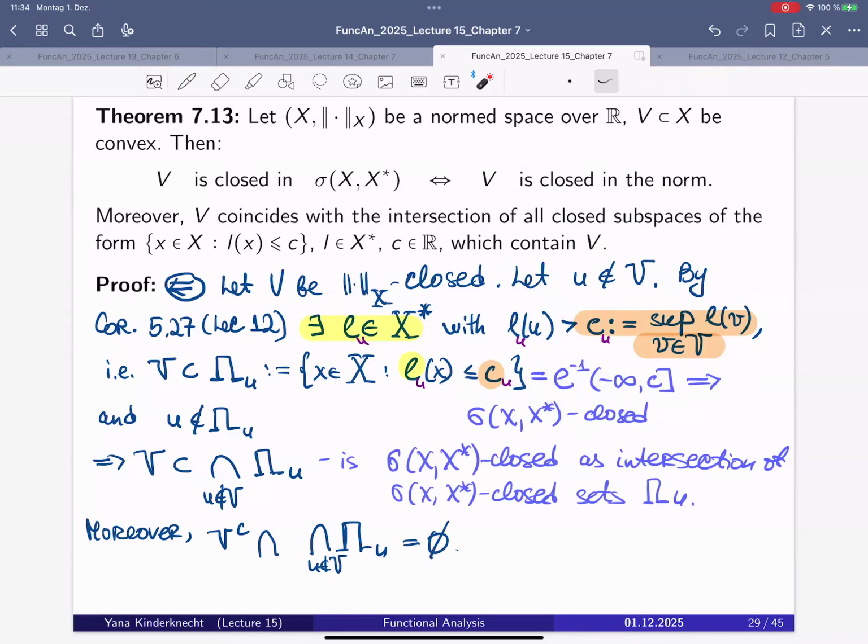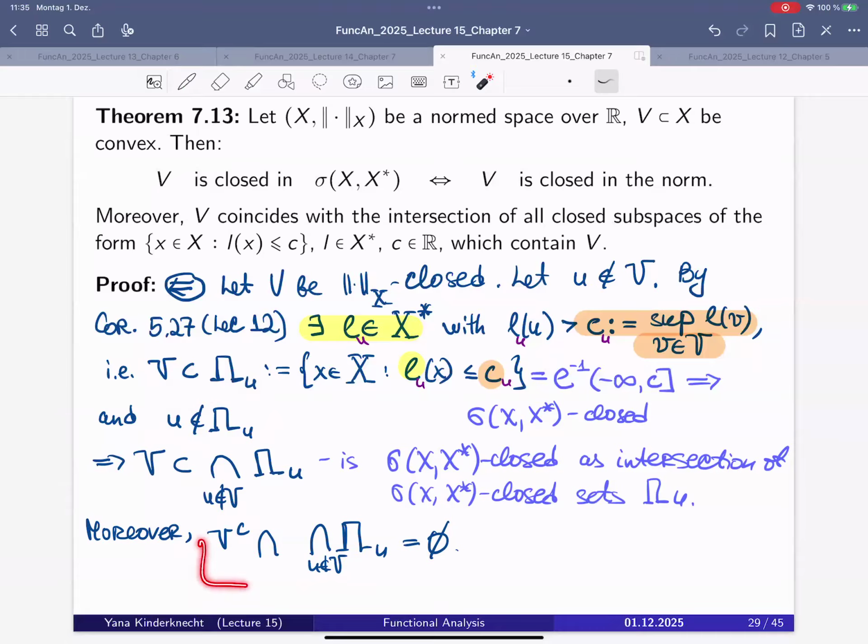Because, you see, we take any U which does not belong to V and we construct PU such that V belongs to PU and U does not belong to PU. This means that when we consider such an intersection, for any U which does not belong to V, there exists the corresponding PU which does not contain this U. And hence the intersection again does not contain this U.